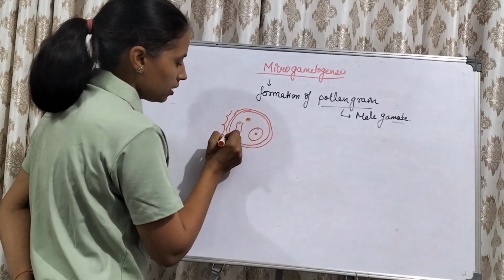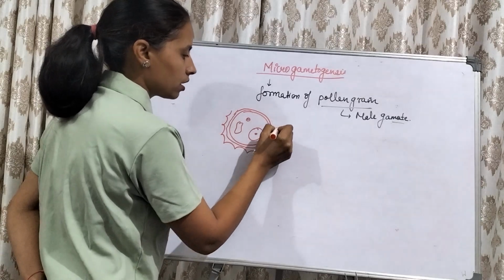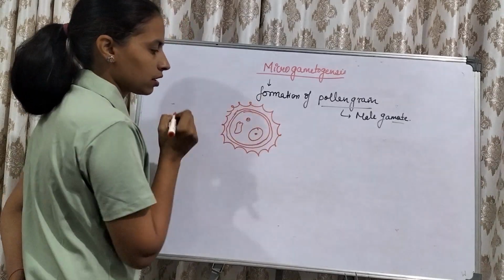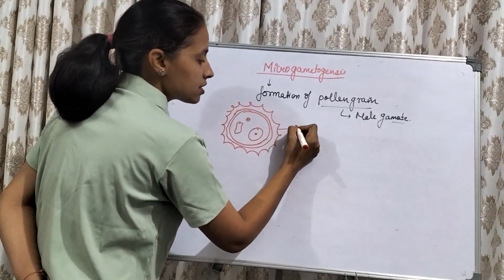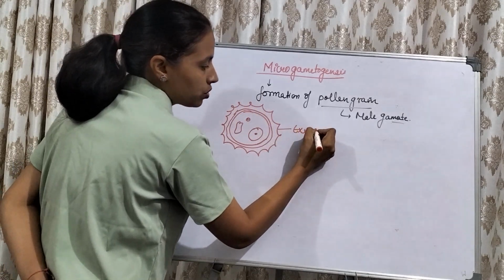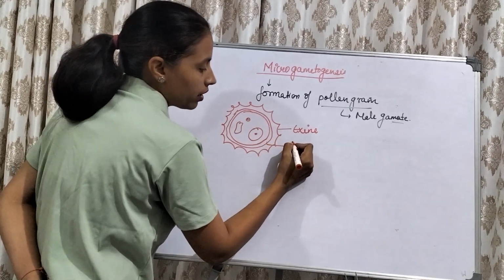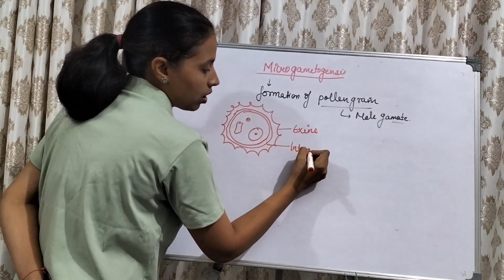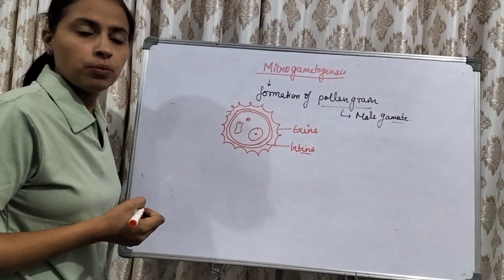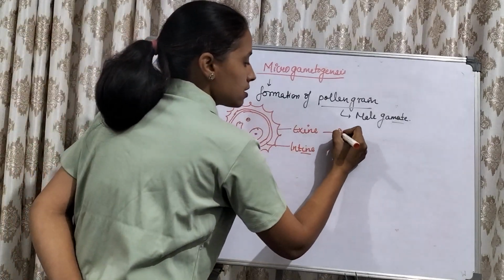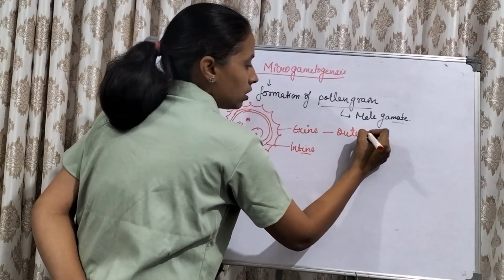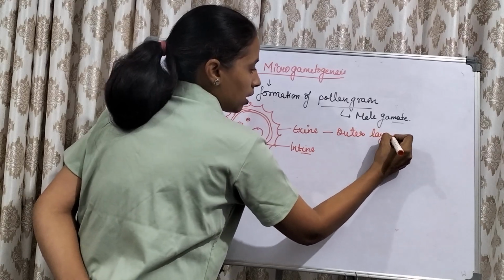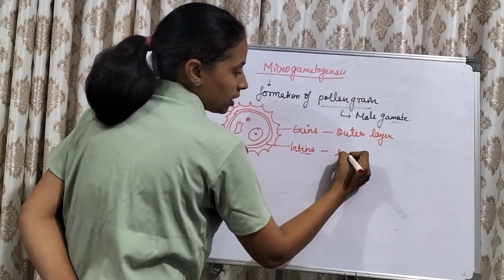One is the inner lining and one is the outer layer of the pollen grain. This is your exine, the outer layer, and this is your intine, the inner layer of the pollen grain.